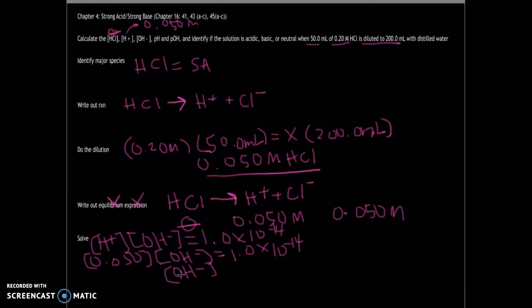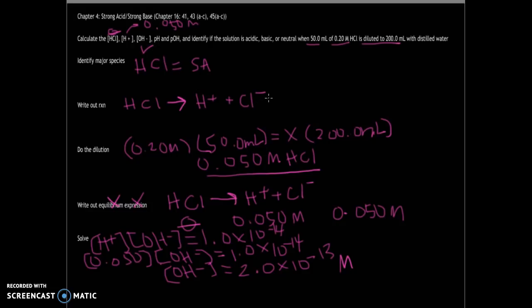So you take 1 times 10 to the negative 14th, divide by 0.050, and you get 2.0 times 10 to the negative 13th molar concentration. So I just got my OH minus.